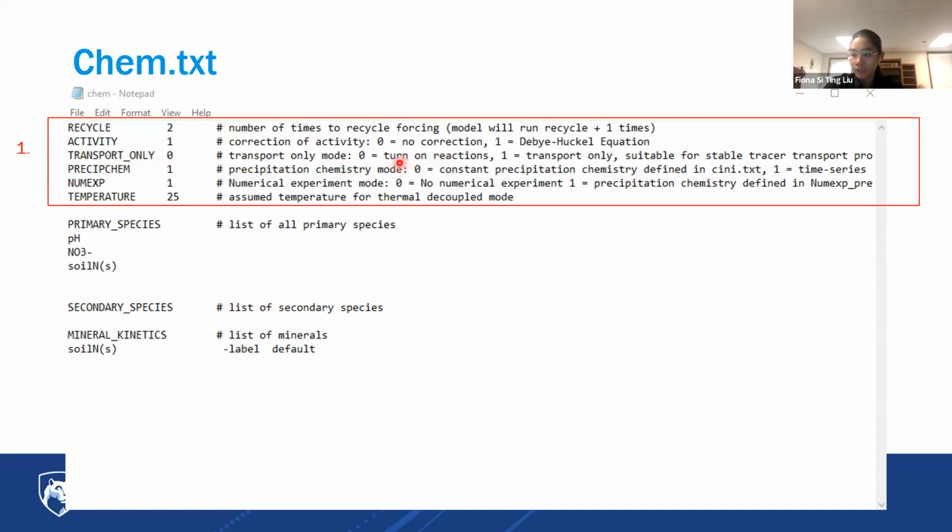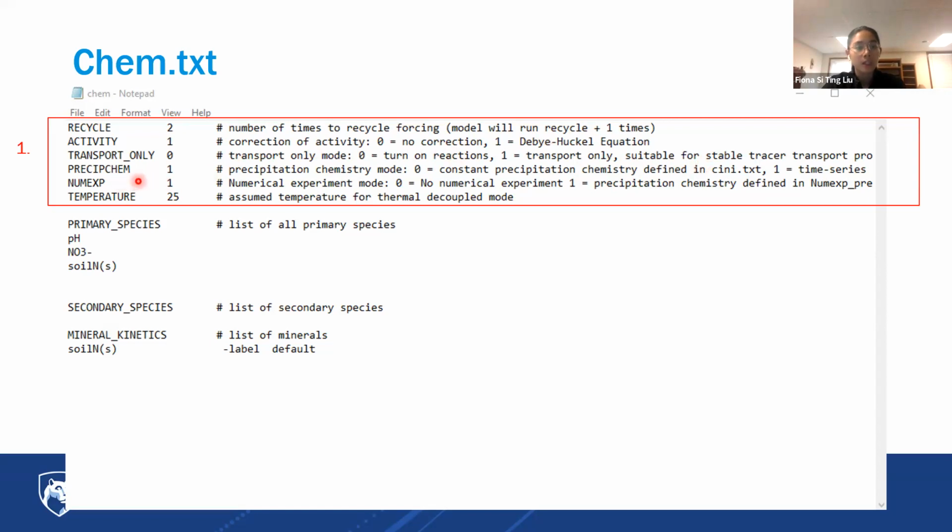Our soil and leaching process does involve reactions, so we must check that our reactions are turned on. If we have a 1 next to it, then we're indicating a transport-only reaction, which is only suitable for stable isotope tracers or those kinds of experiments.